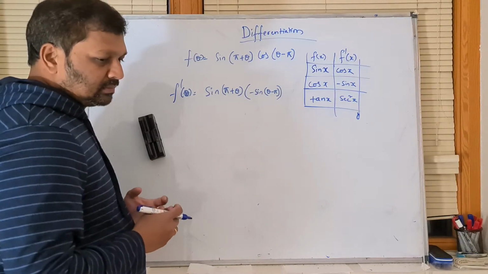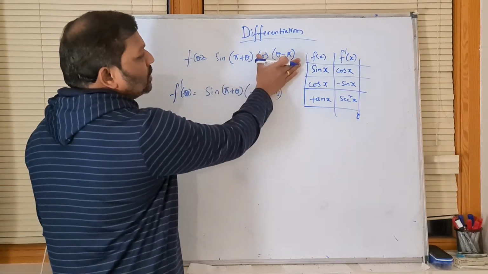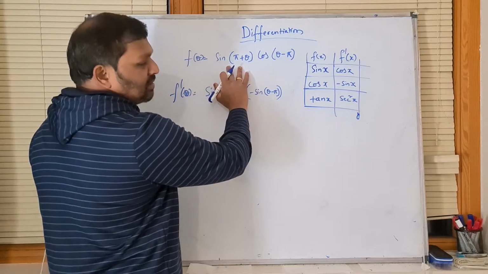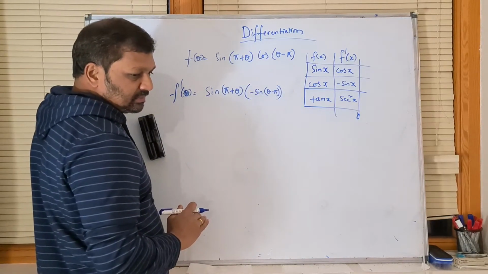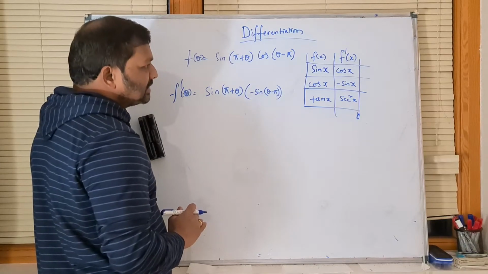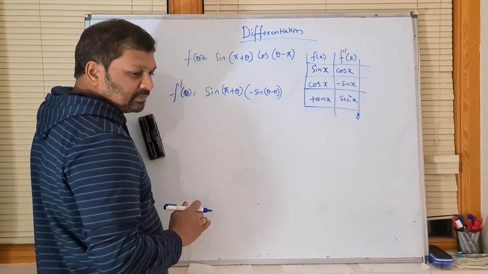See, it is in the form of u and v. u is one function of theta and v is another function of theta, but theta minus pi is the inner function. So what is the differentiation of theta minus pi?